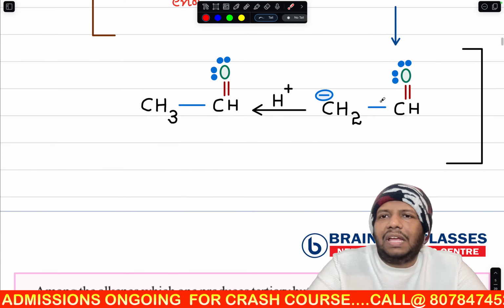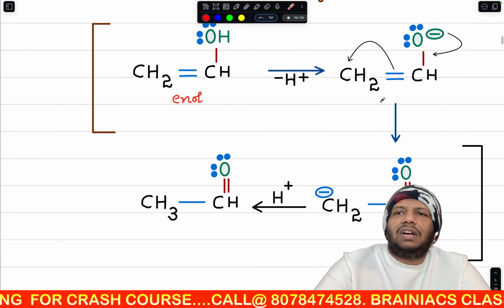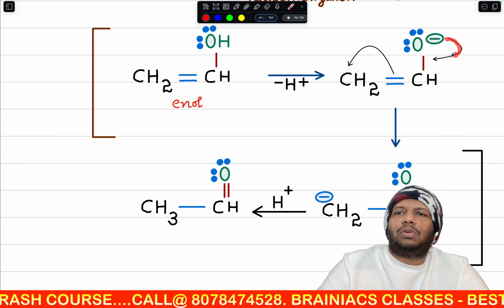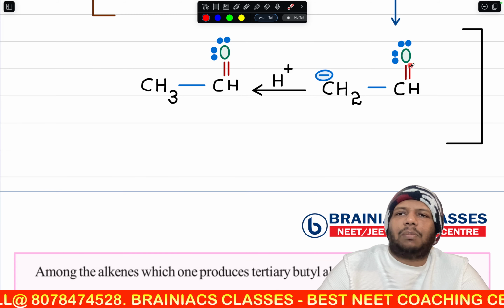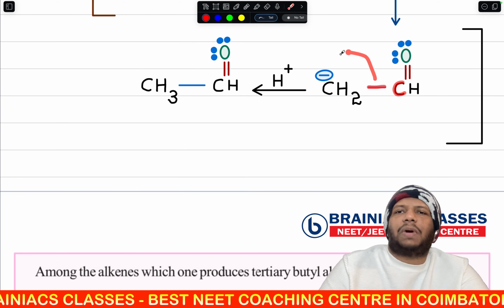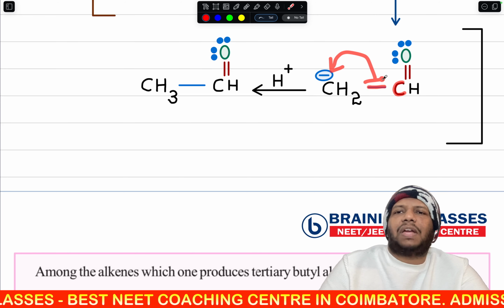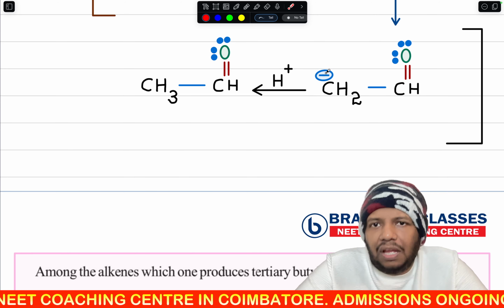So what will happen? Immediately I can say this negative charge moves towards the pi bond, as a double bond. So automatically the valency of carbon here would become 5, so this pi bond will polarize here as negative charge. Now you can see the H plus is present in the medium, already released.